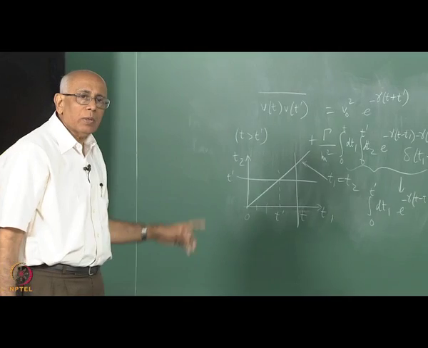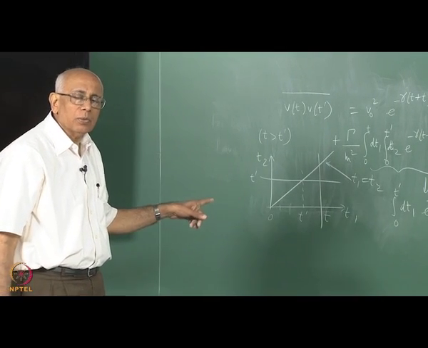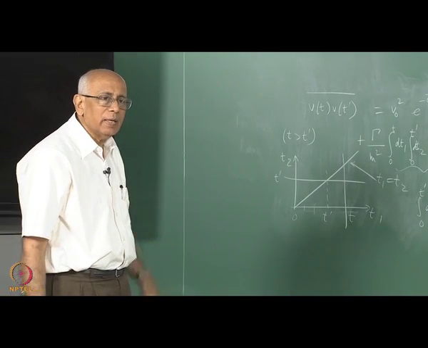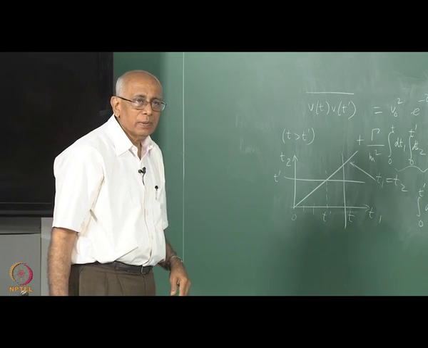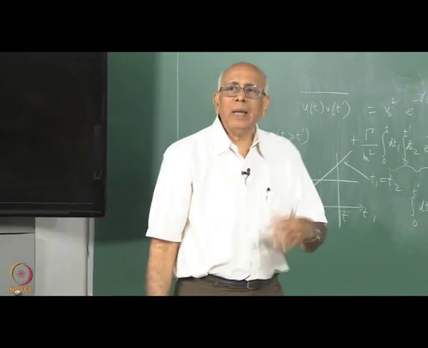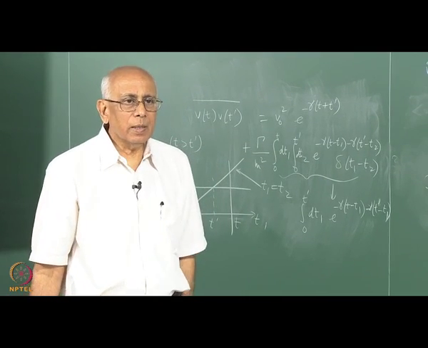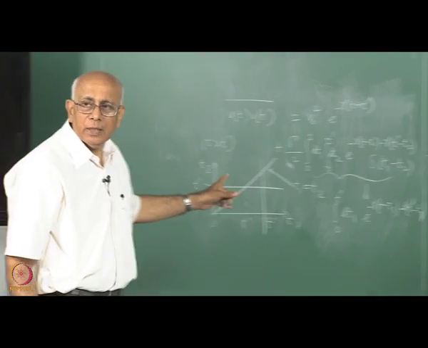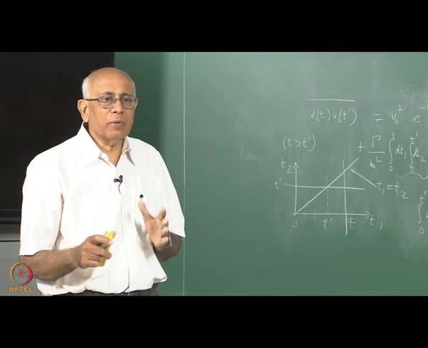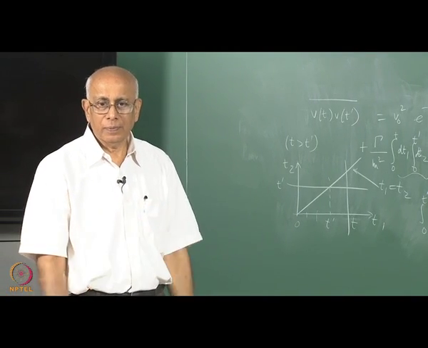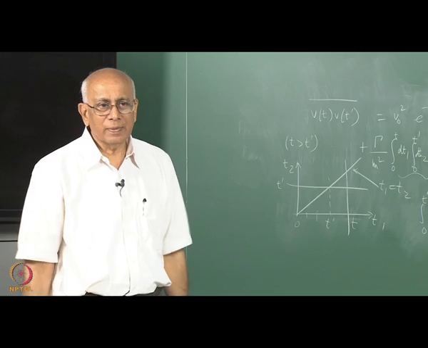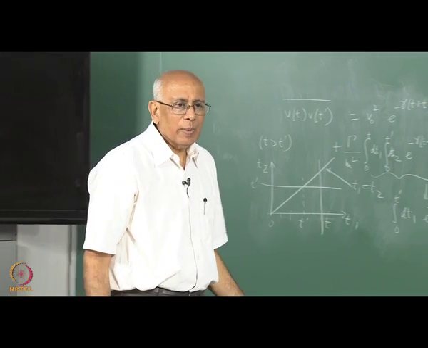Not surprisingly, what answer would you expect finally of this? What kind of function of t and t prime would you expect? I would expect it to be symmetric under t and t prime getting exchanged with each other, right. But we also know that if it is a stationary process, I would expect this to be a function of the time difference, and I want it to be symmetric. So what would you expect?